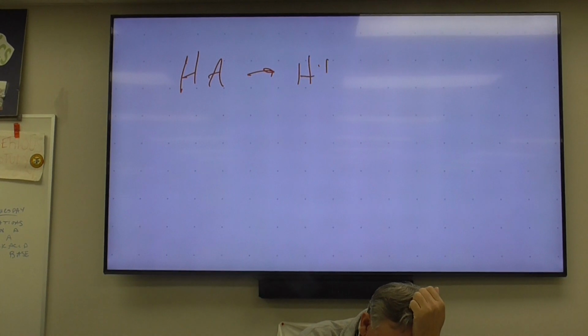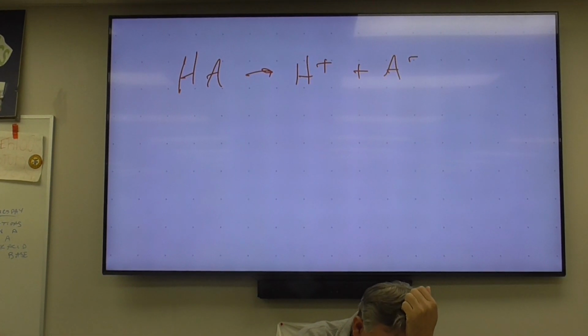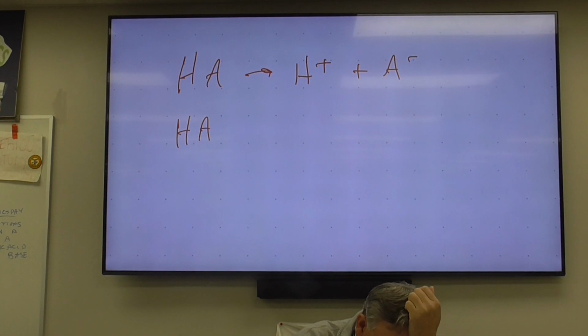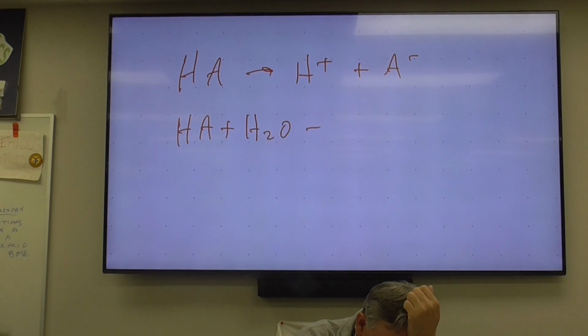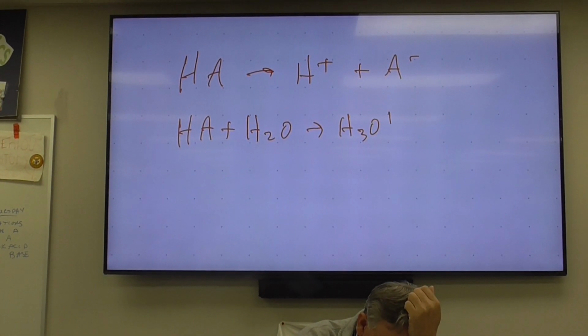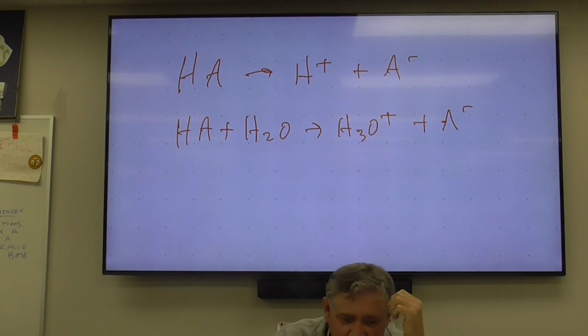So here's the whole thing on 1 and 2. All that was happening on 1 and 2 was that you had an acid that was trying to turn into hydronium ions and anions. And if you're hardcore, you're going to put in the water and you're going to go, oh, that's technically hydronium ions and the anion.